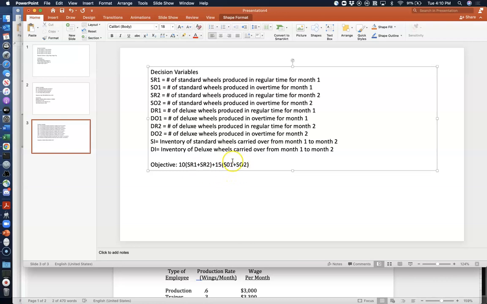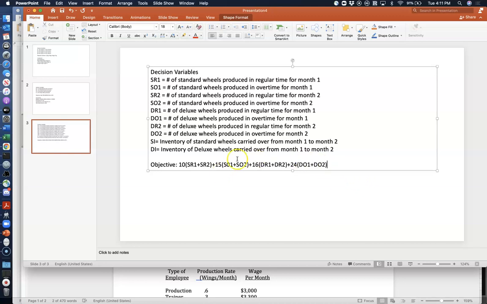So this is the standard wheels made in overtime in the 2 months, and then $16 times DR1 plus DR2, the total number of deluxe wheels made in regular time in the 2 months, plus $24, right? 50% more than that, times DO1 plus DO2. Right?